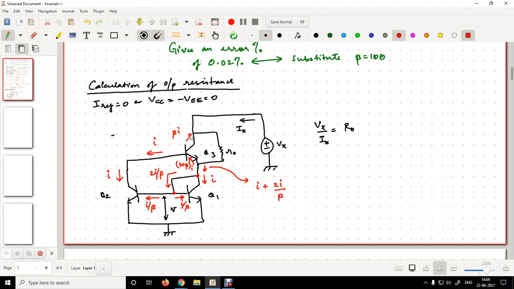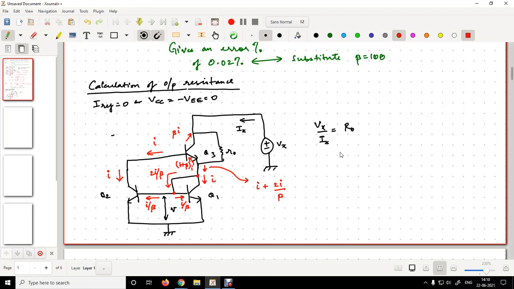Then collector current of Q3 will be beta times I, which will be in the upwards direction, like this, right? And the emitter current will be 1 plus beta times I, which will also be upwards. Now why upwards? So that you maintain IE is equal to IC plus IB, right? You have to maintain this. That is why all the current directions are opposite.